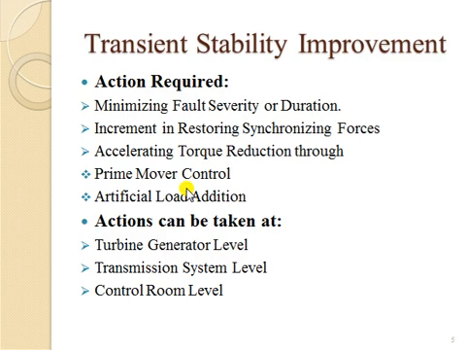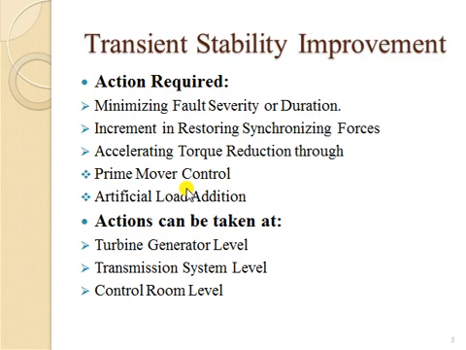Those actions are generally taken at the protection system level. I am not going into the details of the protection system, but this is a general understanding. Whenever you try to improve transient stability, the protection system plays a very vital role, and that's why some discussions related to breakers, circuit breakers, will also come in our techniques.